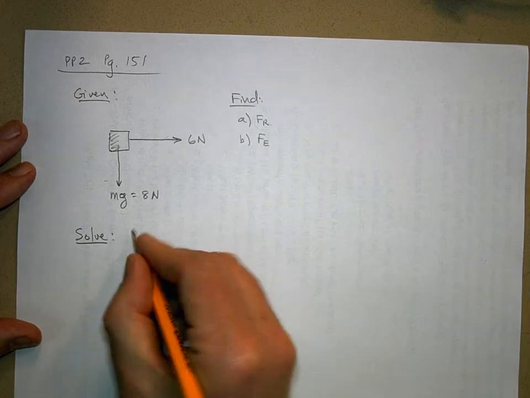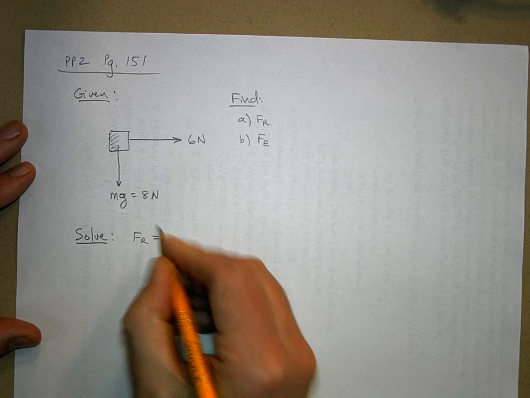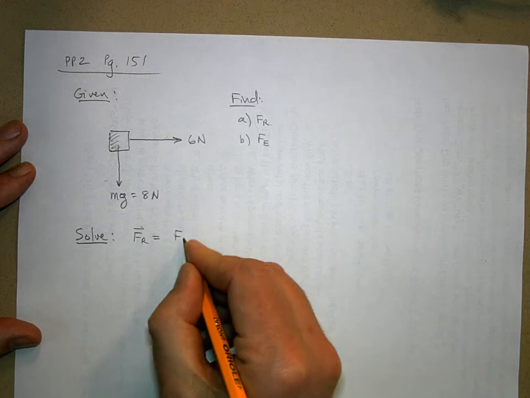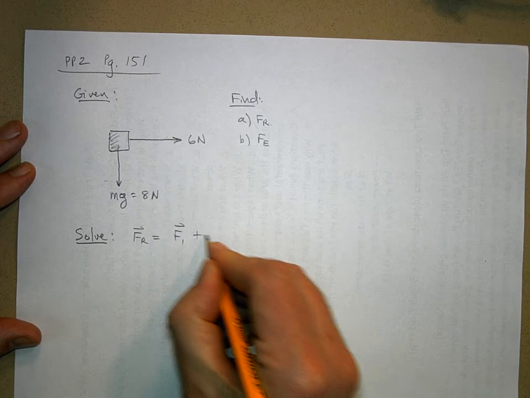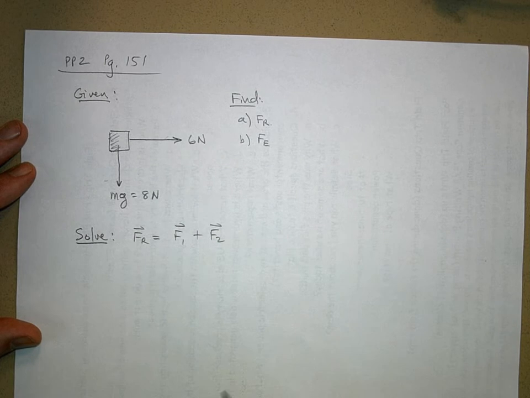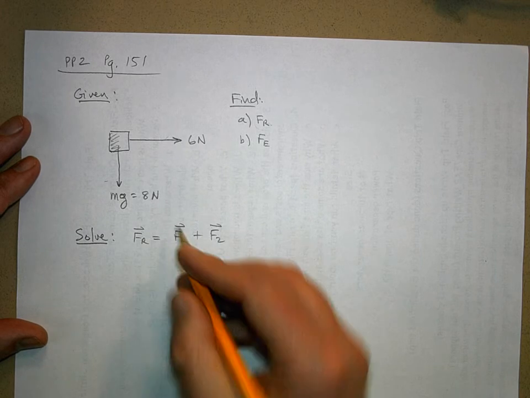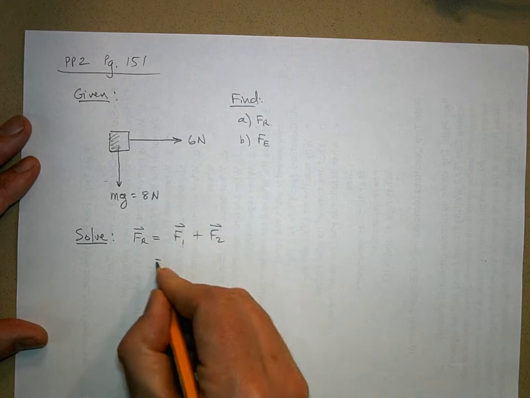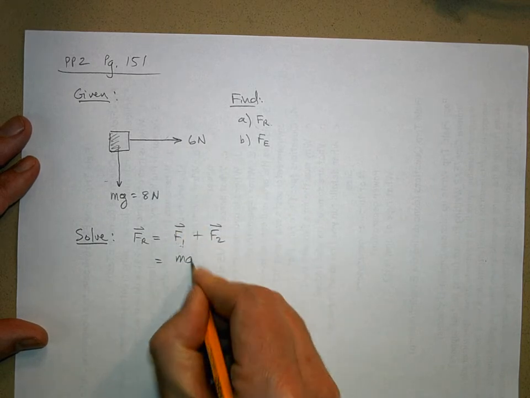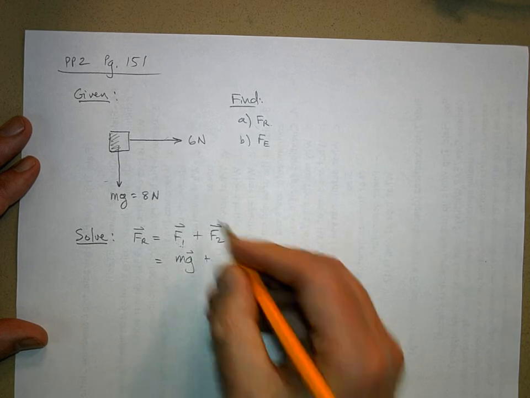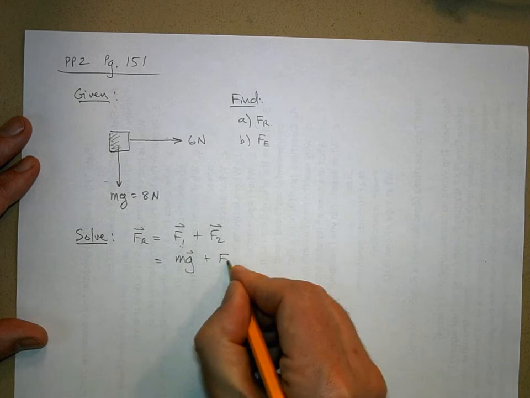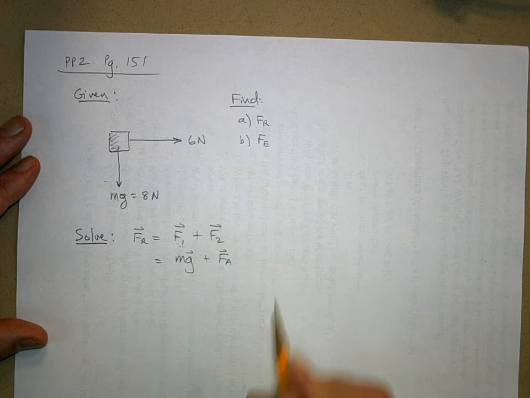Well, the resultant force is really when I add force 1 plus force 2. I'm going to add the two forces. This is just like assignment 1. But instead of F1, I'm going to call this mg, and I'm going to call this the applied force, or the tension force if you want.